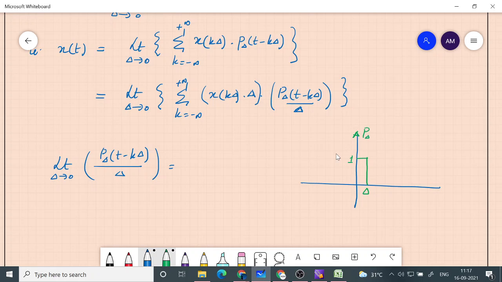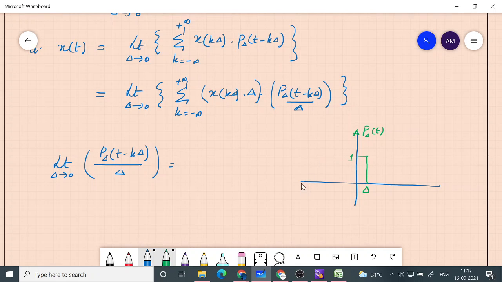So this is my p delta of t. Now I am changing the limit, the width delta going to 0, and then I am multiplying p delta with 1 by delta. Understand?